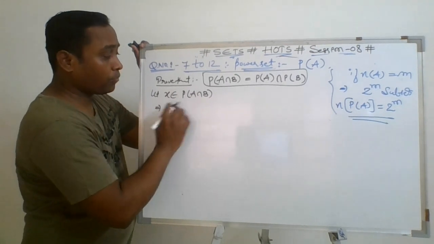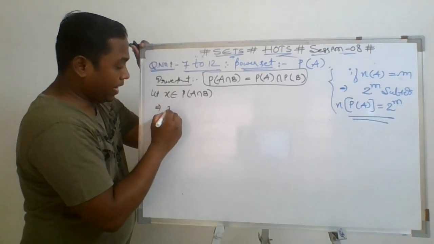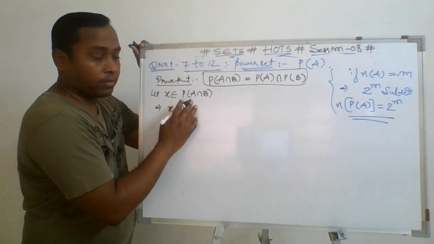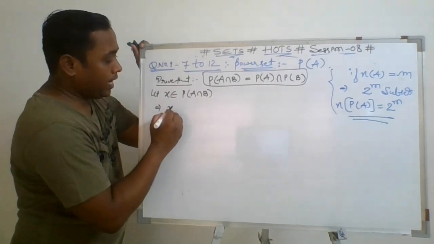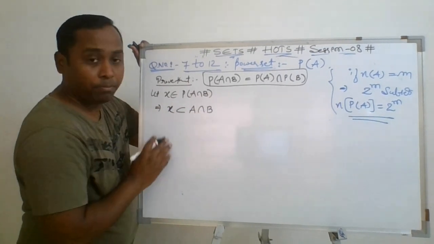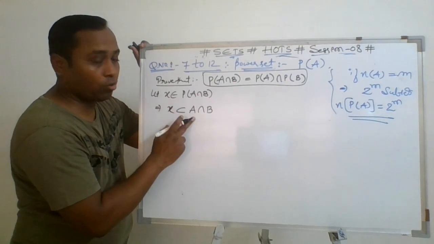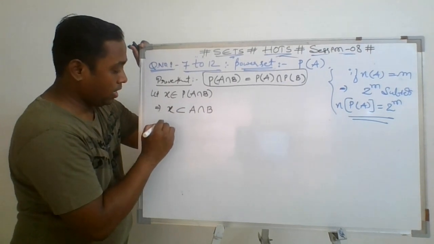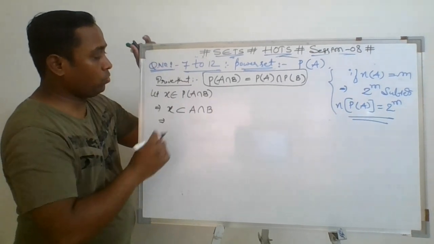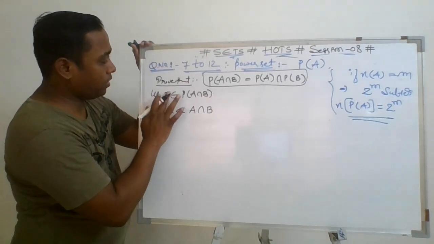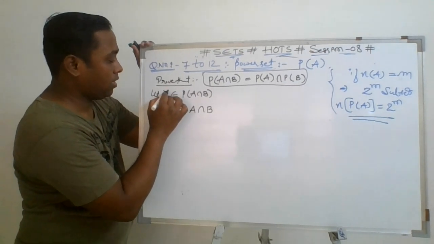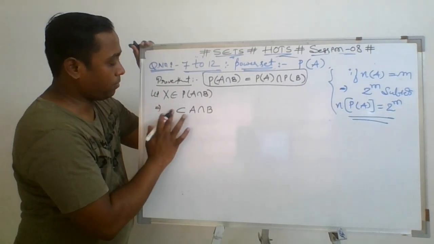does it mean? That x is an element belongs to power set, right? So x that becomes what? A subset of A intersection B. If this is its element then it will be a subset of A intersection B. It means that, just to understand, I am taking this capital X, capital X because it's a subset.